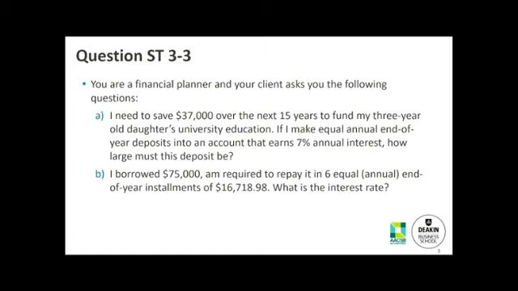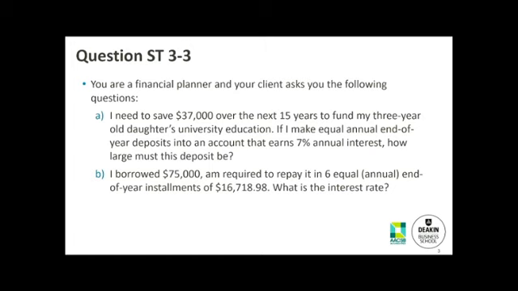If I make equal annual end-of-year deposits into an account that earns 7% annual interest, how large must this deposit be? Now let's look at the question. First bit of information: I need how much money? $37,000 in how many years? 15 years. Is it a future value or present value? This is a future value. I need this amount in 15 years.